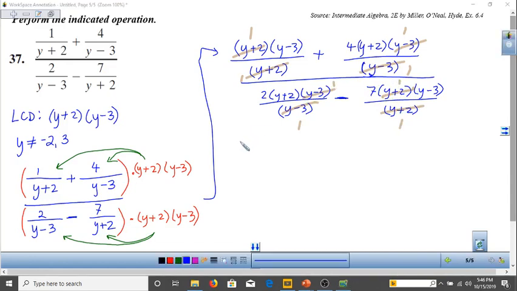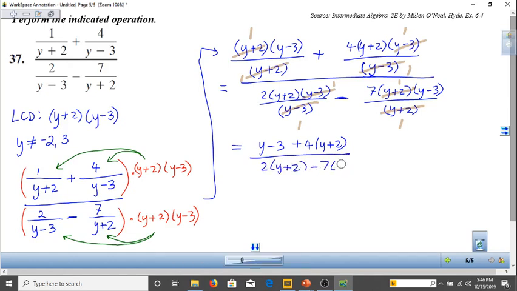And I'm going to distribute the parentheses in a minute, but let's just write out what we have so far. We have y minus 3 plus 4 times y plus 2 divided by 2 times y plus 2 minus 7 times y minus 3. So we're going to do those distributions and combine like terms, simplify as much as possible, and then remember to put our domain restrictions, both the ones we've already selected and any new one that may show up.